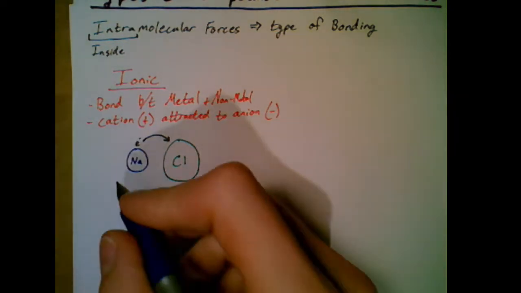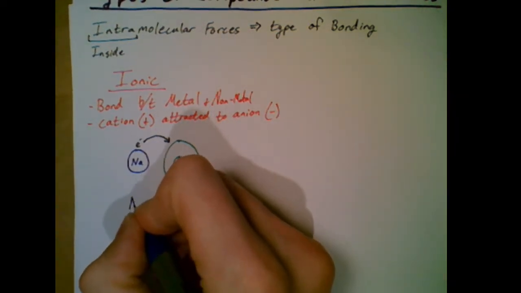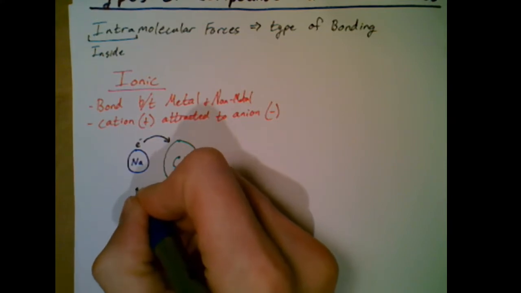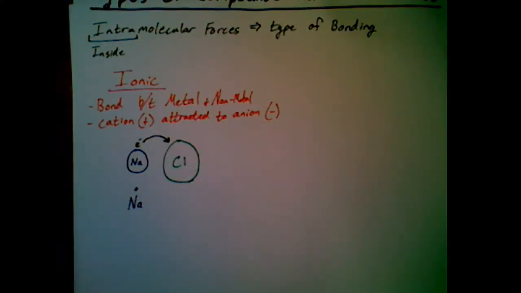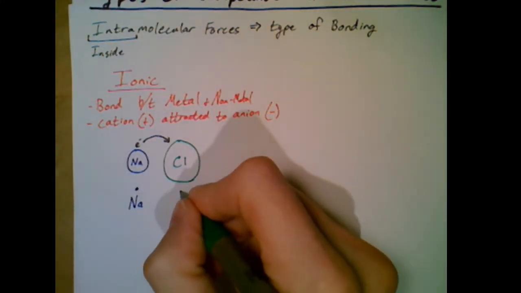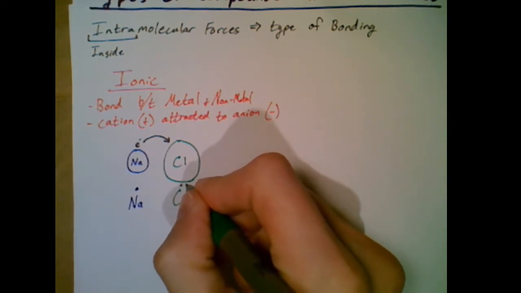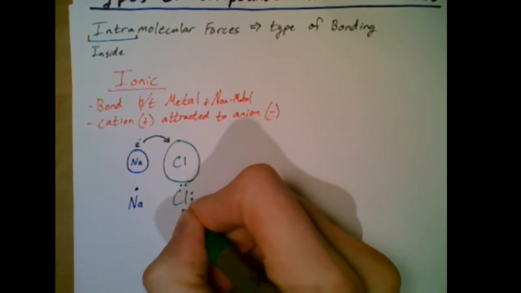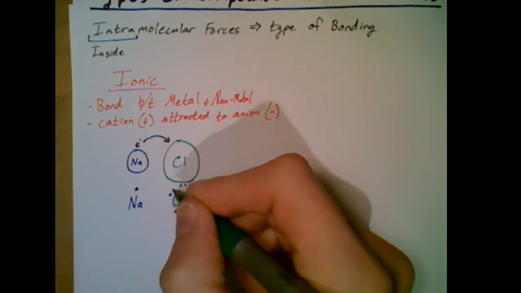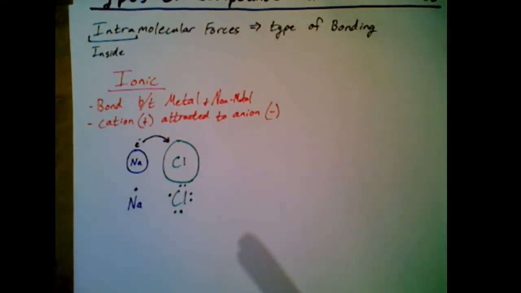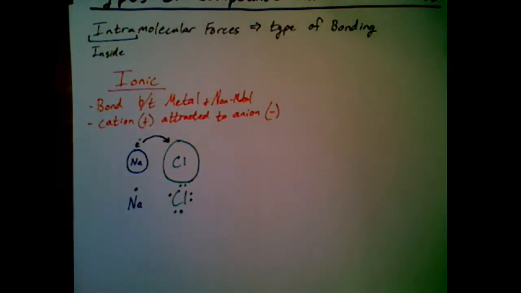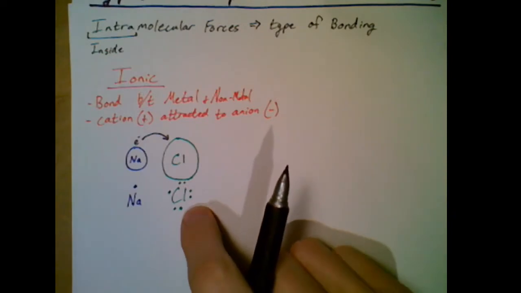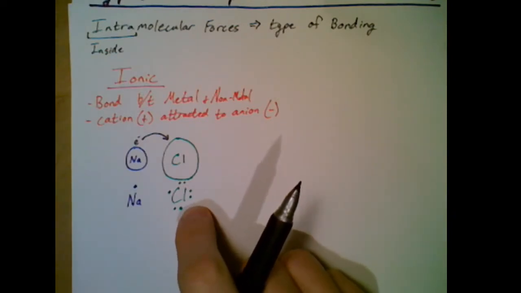Why is that? Well, let's think about Lewis structures for a second. Sodium has one valence electron. Chlorine has 7 valence electrons. What ends up happening here is chlorine is extremely electronegative.